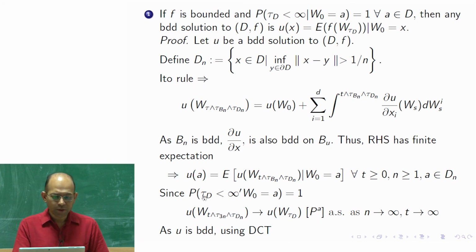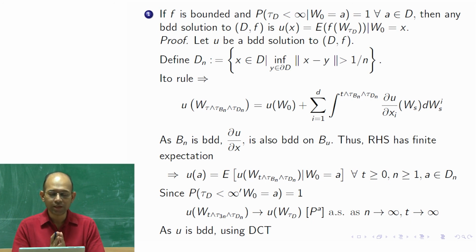Since the probability that the hitting time of the boundary is finite is 1, because that is the underlying assumption we started with, it means that starting from a, in finite time it would surely touch the boundary of D, that is τ_D.